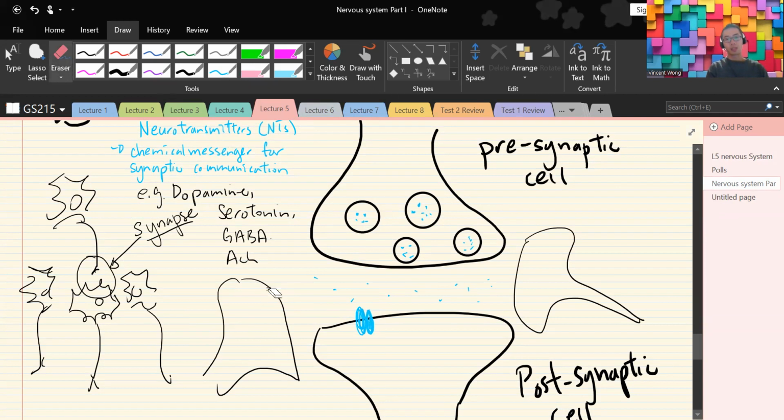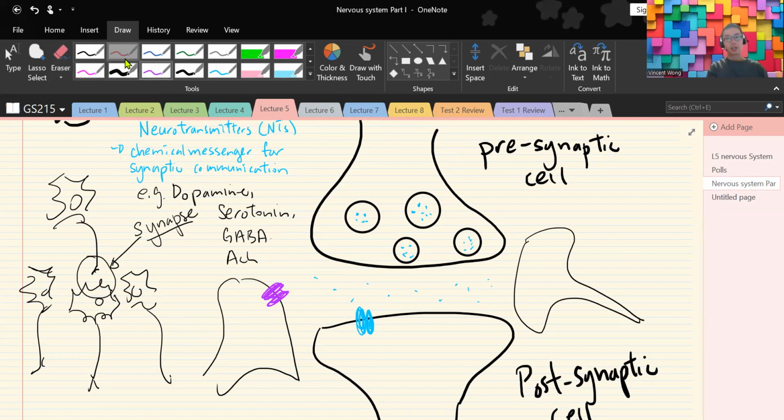If there's another neuron here with a purple receptor, even though it's being exposed to the blue neurotransmitter, it would do absolutely nothing. To use proper terminology, let's say these blue things are dopamine. Then you would have to have a dopaminergic receptor on the neuron in order for it to respond to it. So that's that.